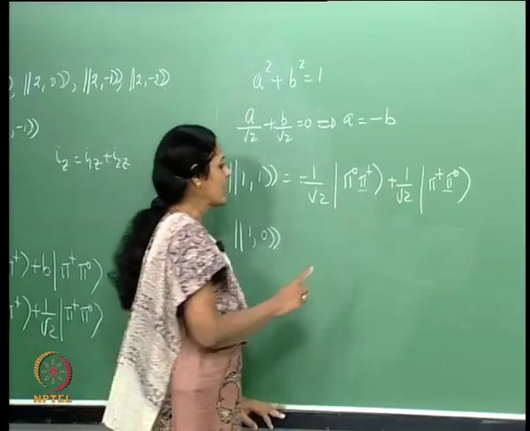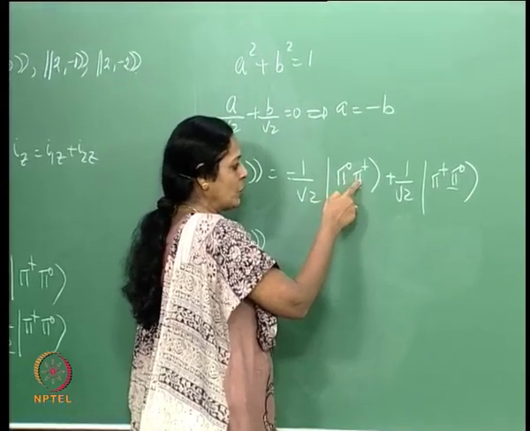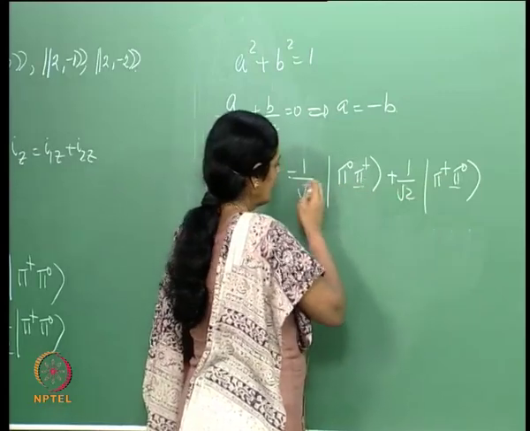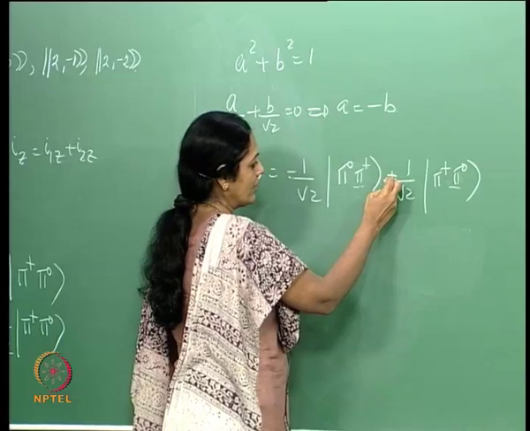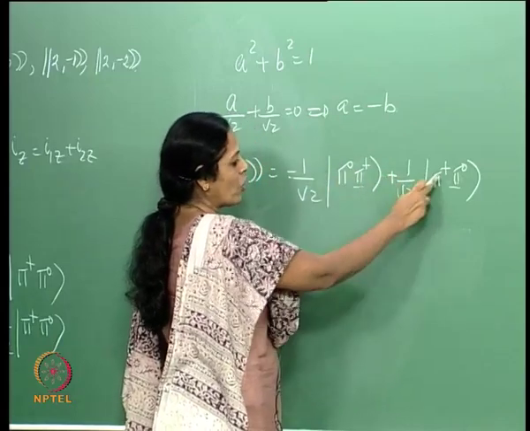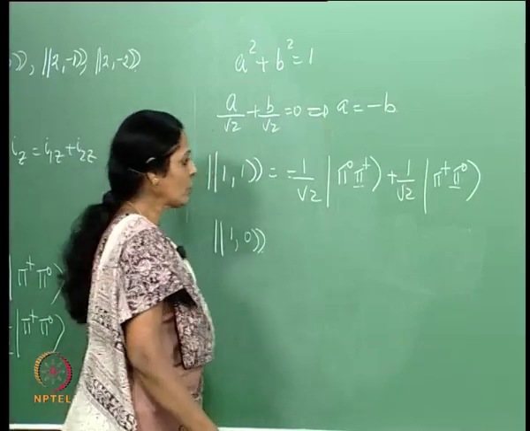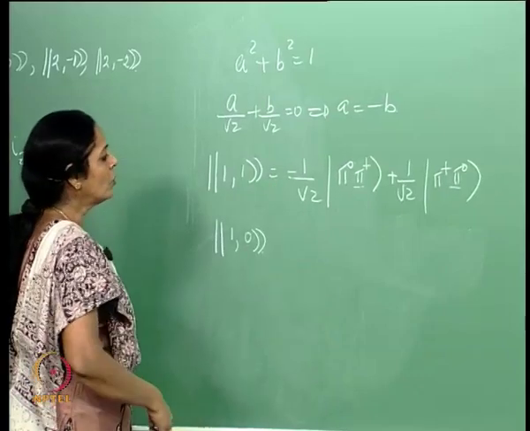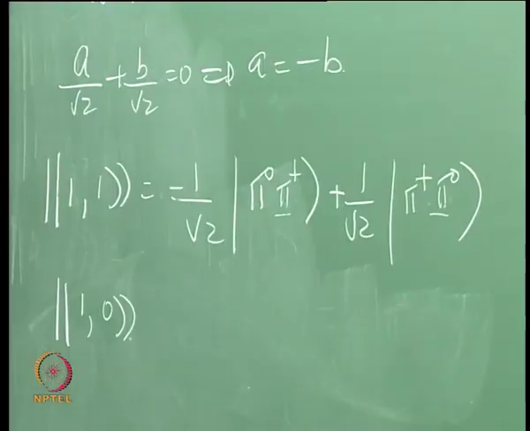It is antisymmetric under interchange of the I1z and I2z values because this state has an overall negative sign and that has an overall positive sign here, and therefore, when I interchange pi naught with pi plus, which is the same as interchanging the Iz values of the individual particles, I pick up an overall negative sign. So, this is antisymmetric on the interchange of the isospin labels.